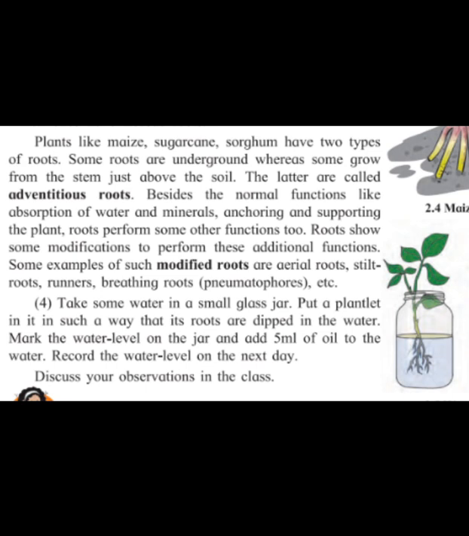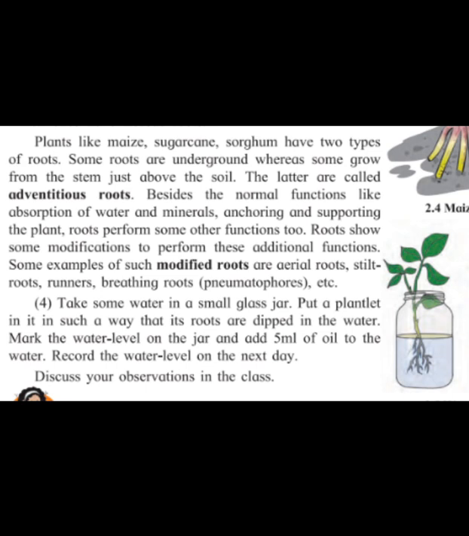Now children, here we'll see an activity. Take some water in a small glass jar. Put a plantlet in such a way that the roots are dipped in the water. Mark the water level in the jar and add 5 ml of oil to the water. Record the observations. What will be your observations, children?